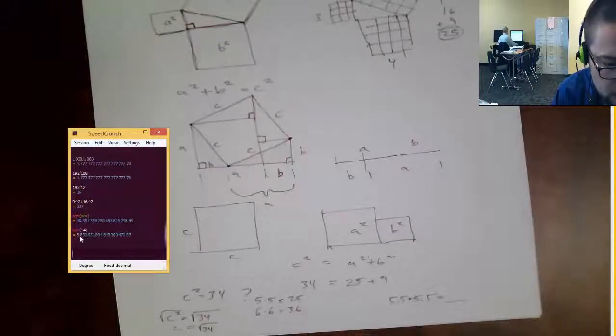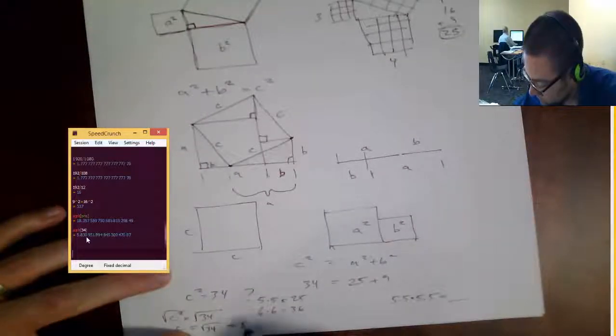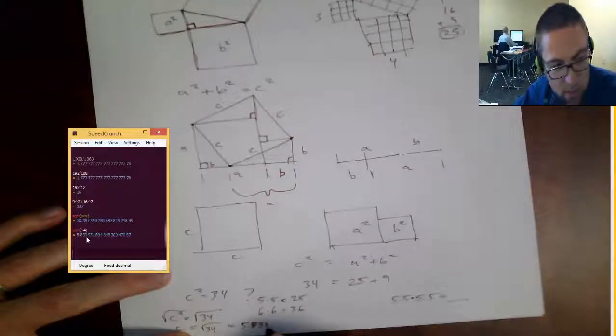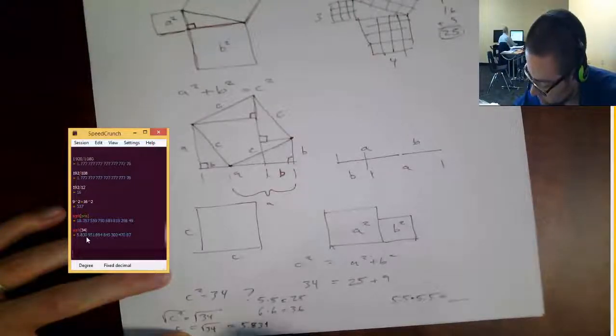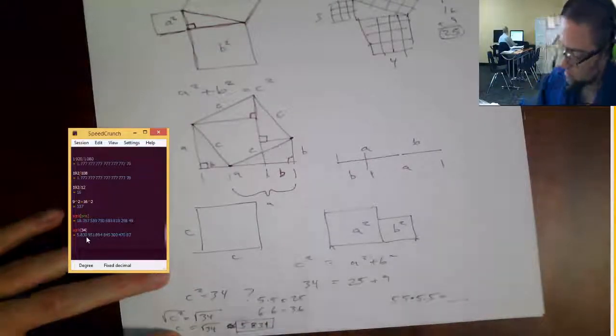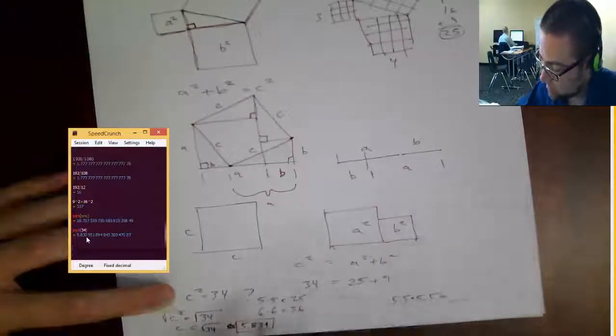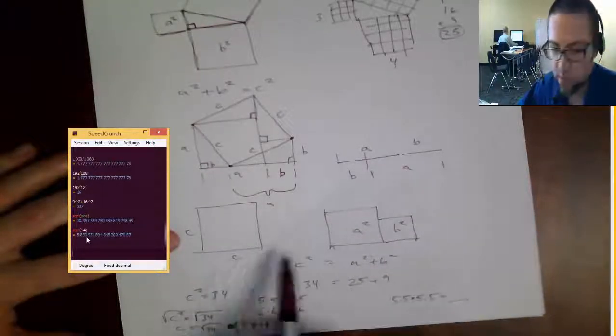So my guess was right, 5.830, which approximately equals 5.831. And we use a little squiggly equals to say approximately equals. Okay, so that's a numerical representation of the general proof that I just did.